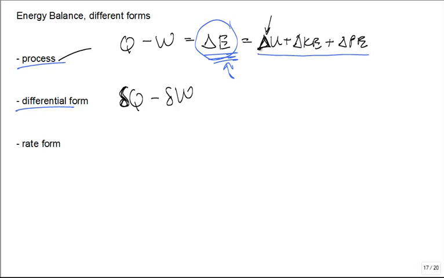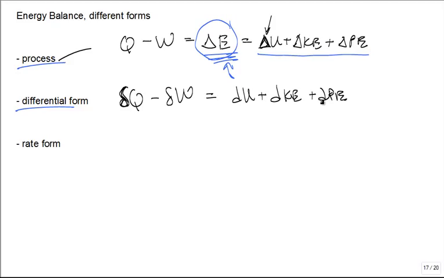Greek delta uppercase. Yeah, that's what it is, right? True? All right, let's go on. And that's equal to dU plus dKE plus dPE. So that's our small, instead of a finite process, infinitesimally small process, where there's still some change, but it's very close.